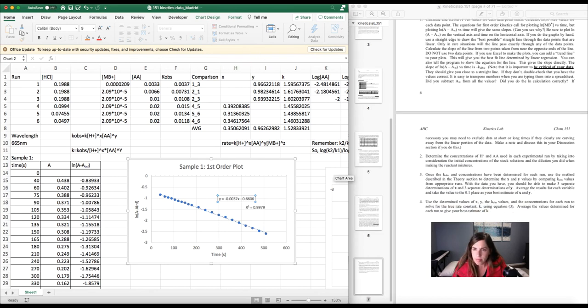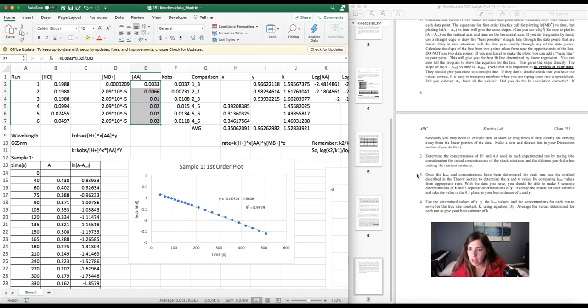Okay. Number 2, determine the concentrations of H plus and AA in each experiment. So that's what we did here, and that's what we did here. Next, in number 3, once the K observed values and concentrations have been determined for each run, use the method described in the theory section to determine the X and Y values.